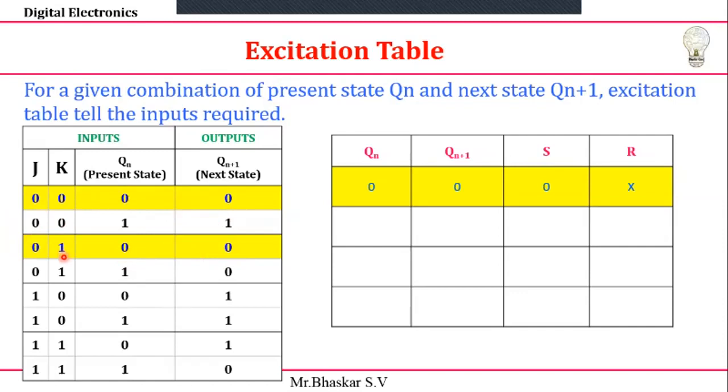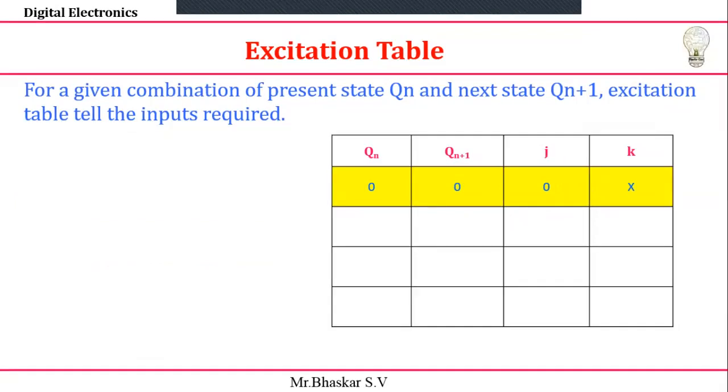So I'm going to take K as X, and J is taken as 0. Sorry, it is not S and R, it is J and K values. If you take J and K values, they are 0 and X.